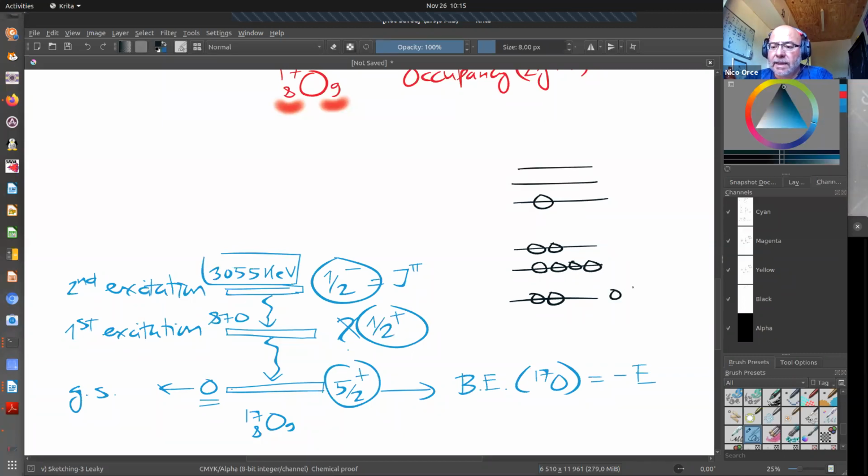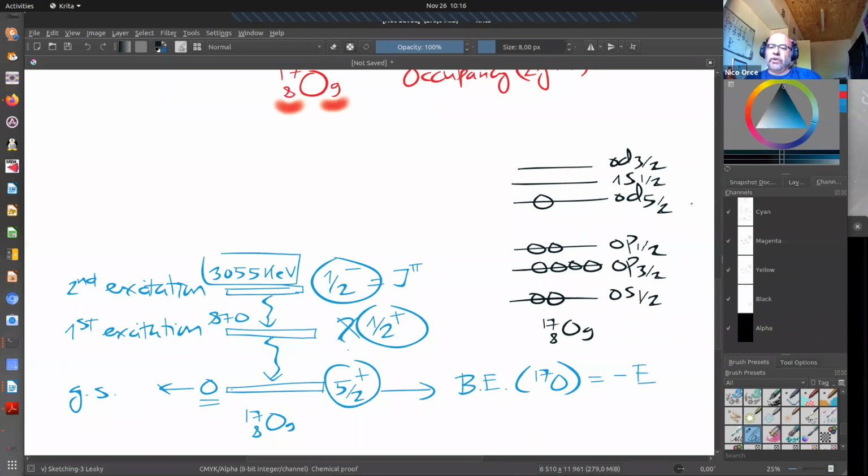So basically 0s 1/2, 0p 3/2, 0p 1/2, 0d 5/2, 1s 1/2, and 0d 3/2. So this is oxygen 17 for the neutron side, right?